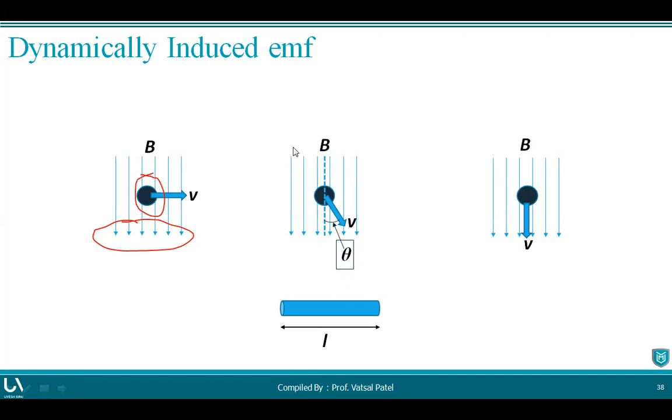See, this is your reference. The reference is your stationary magnetic field. The magnetic field lines are in a downward direction, as indicated here. Now the direction of that motion has some angle with respect to that magnetic field. Based on this we can calculate the induced EMF in the conductor with and without the angle theta.